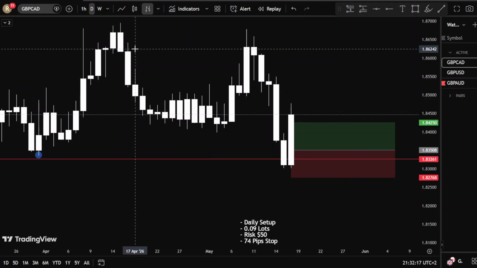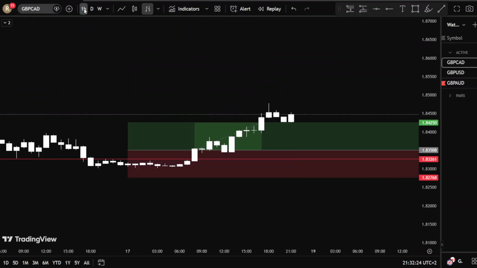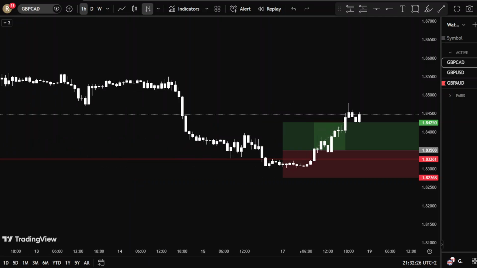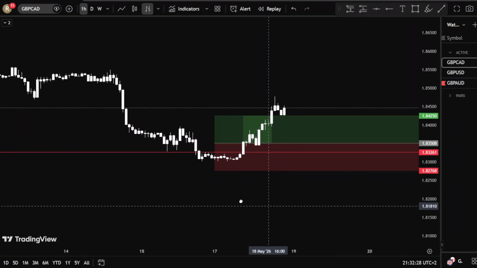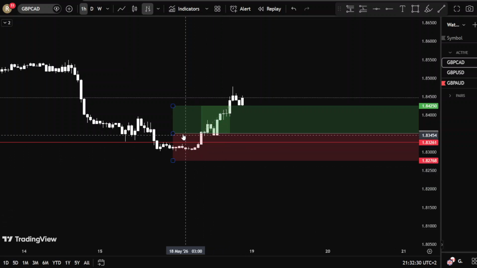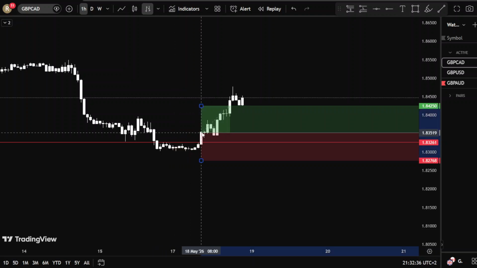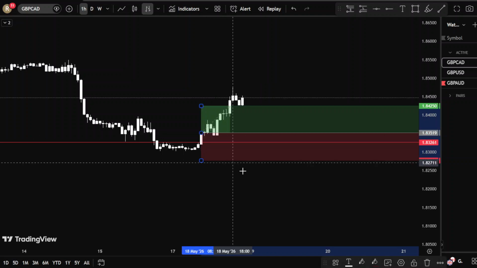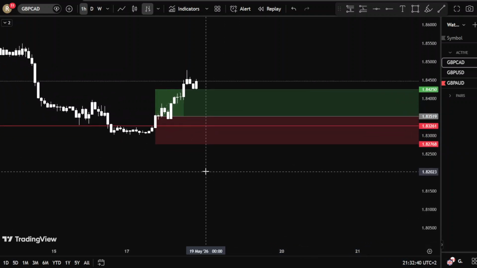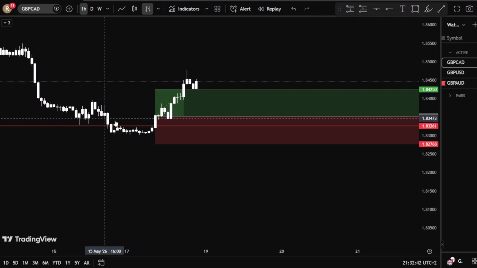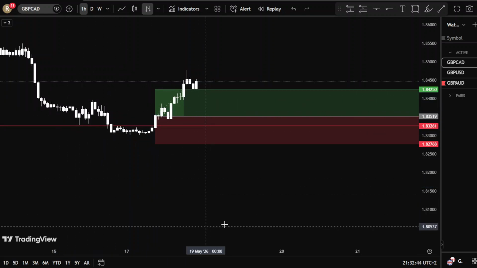So I usually just look at the daily to find the setups, and then I am looking to manage the trade. Yeah, so I took it probably around here, because again, I could see that it was starting to go up again.